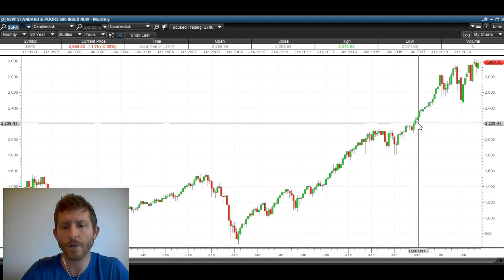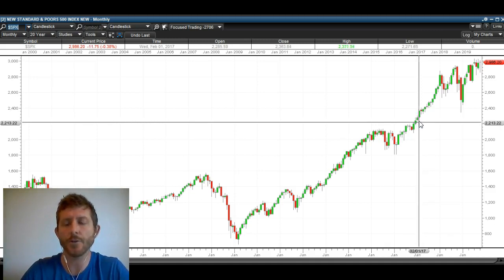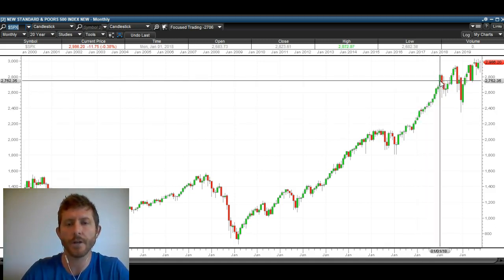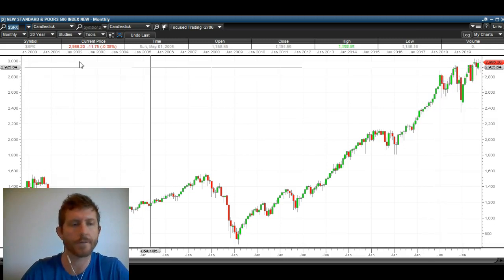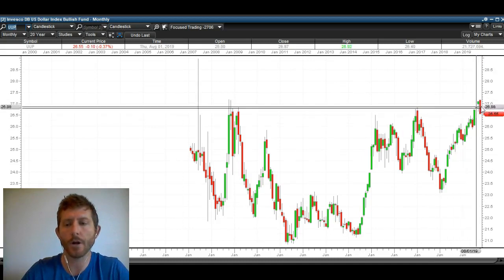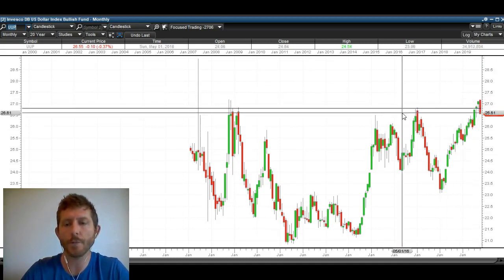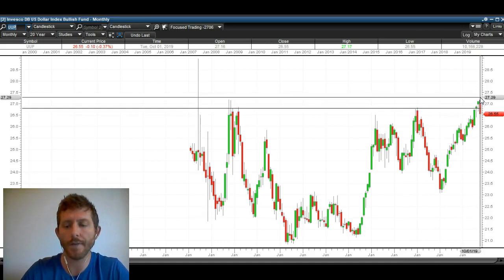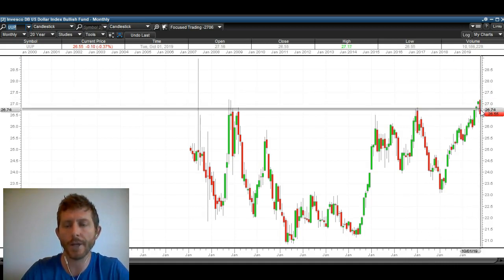All right, so right here, January 2017, and you can see it led to much higher prices in the equity markets. All right, and here we are once again coming up to this resistance. So we tried to break over this resistance, and this is the monthly chart, and then we ended up failing, trading below it.